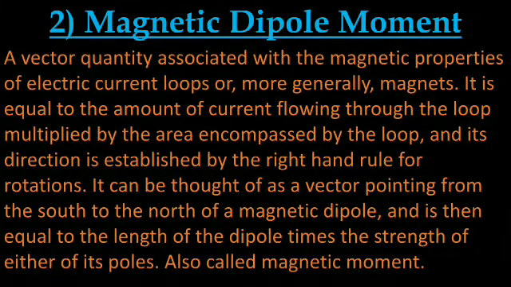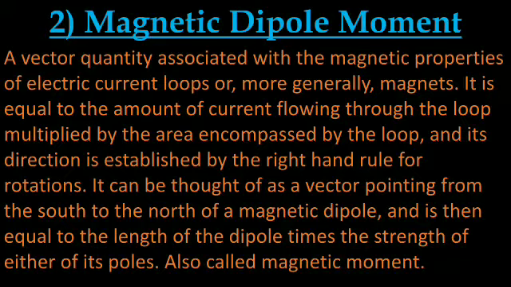After the galvanometer, we have the next topic, magnetic dipole moment. It is a vector quantity associated with the magnetic properties of electric current loops, or more generally magnets. It is equal to the amount of current flowing through the loop multiplied by the area encompassed by the loop, and its direction is established by the right hand rule for rotations that I explained in my previous video lectures.